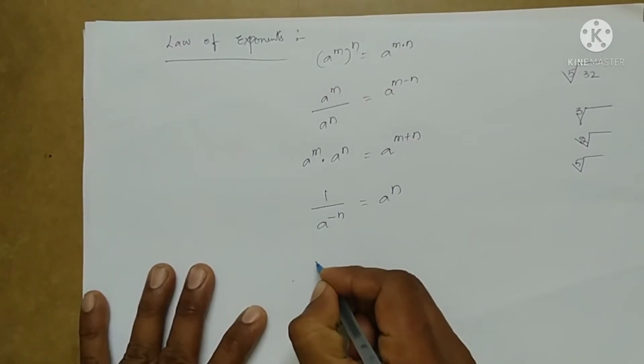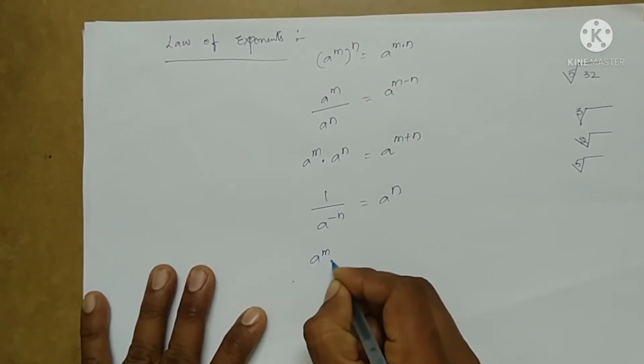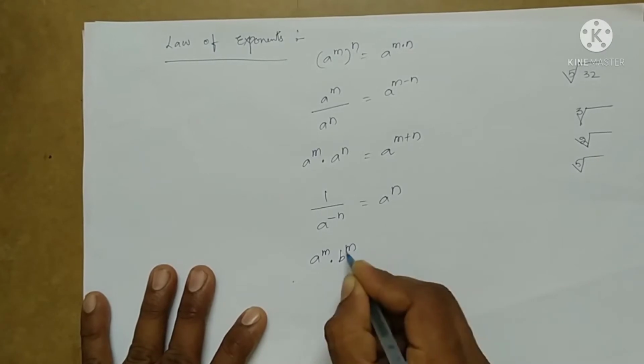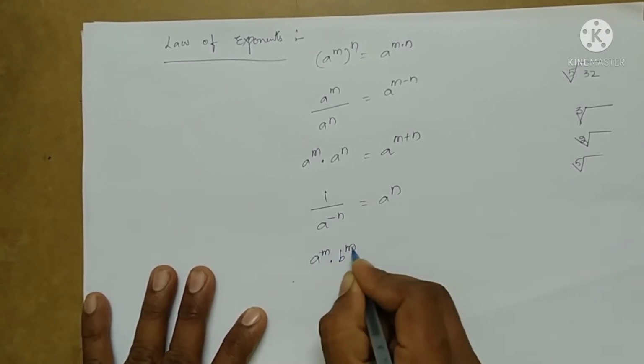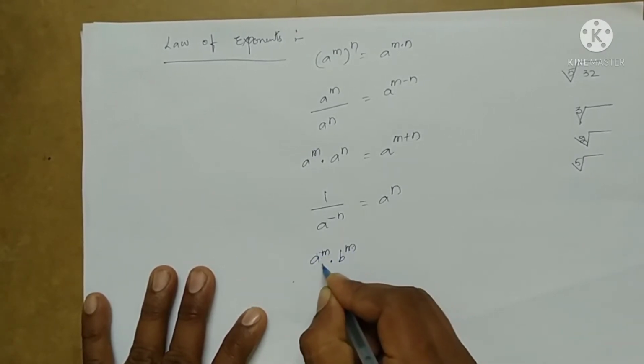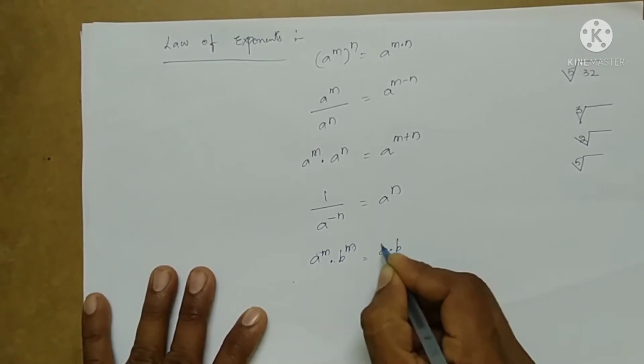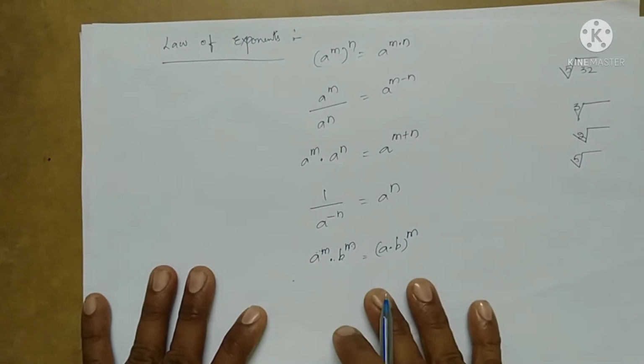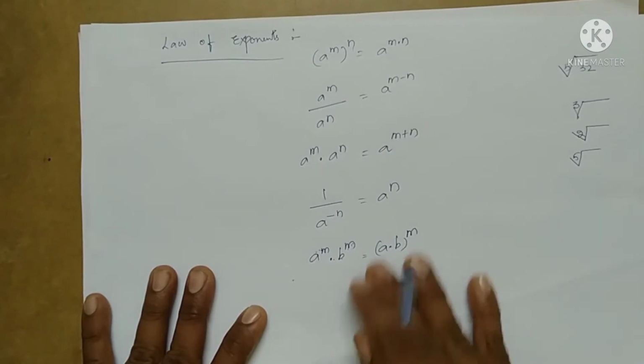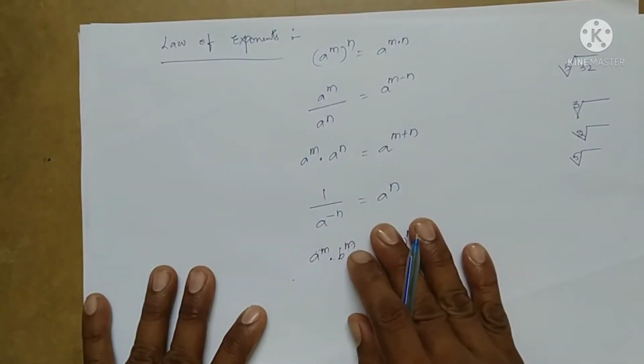Next, a power m into b power m: here the powers are the same, so a power m into b power m is equal to a into b whole power m. Okay, these are the laws of exponents.